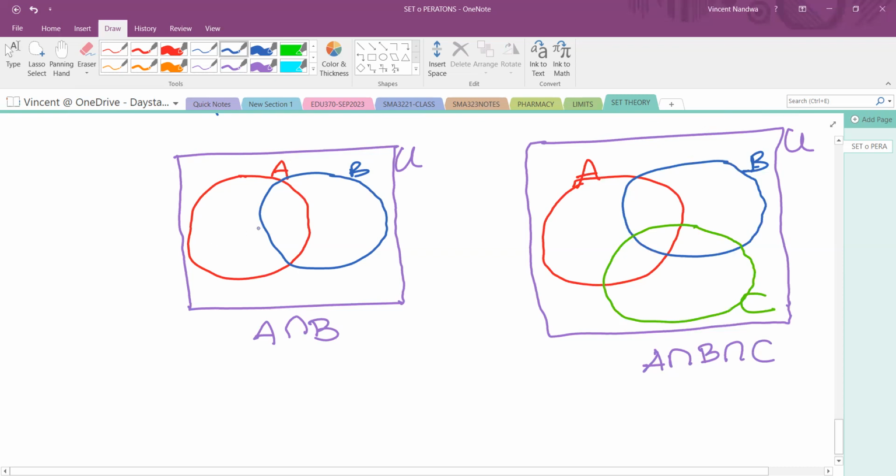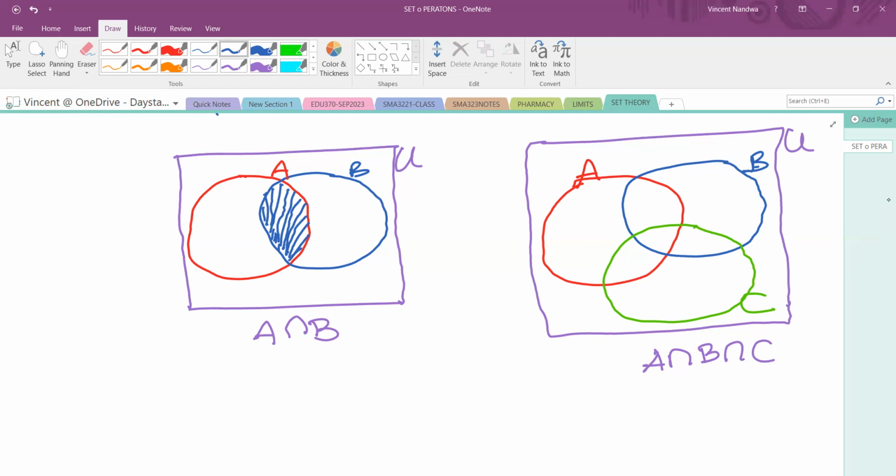So for the first diagram, elements common to set A and B will be the region where the red circle A meets the blue circle B. And this will be the part where the two circles A and B meet.